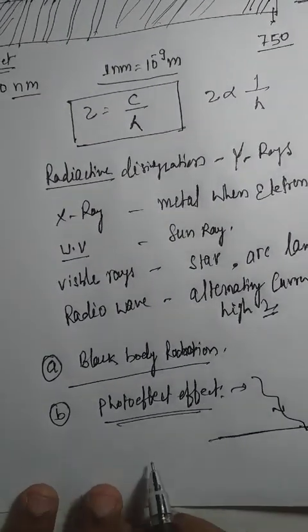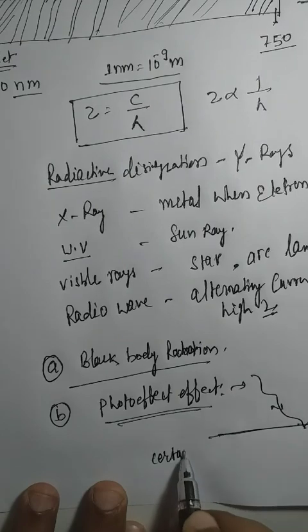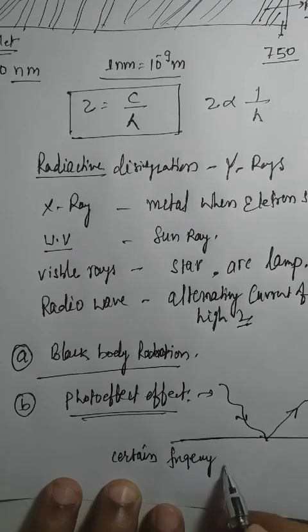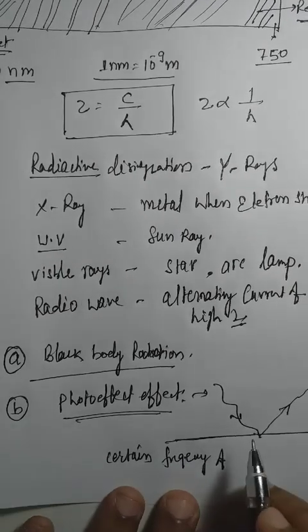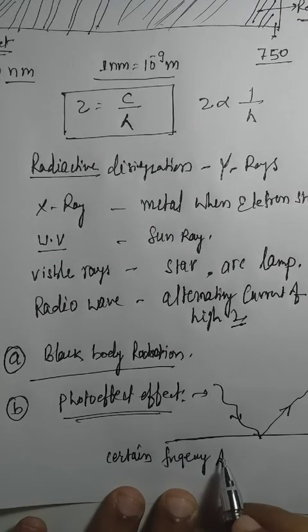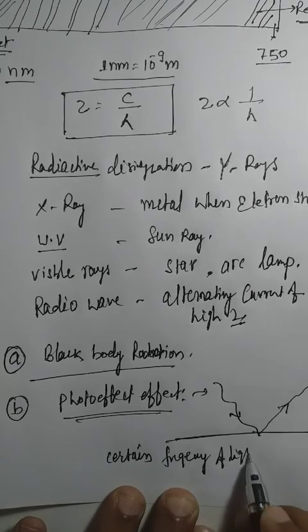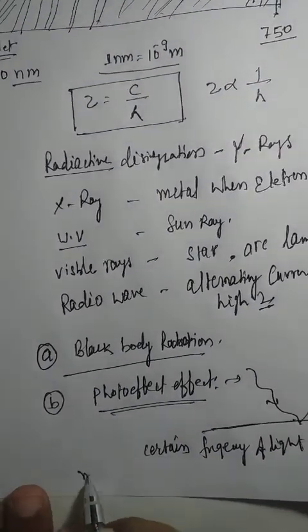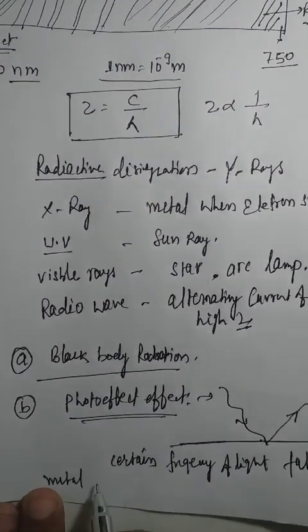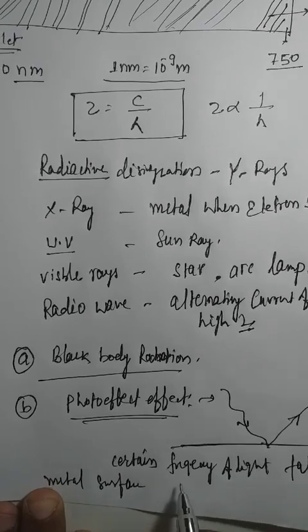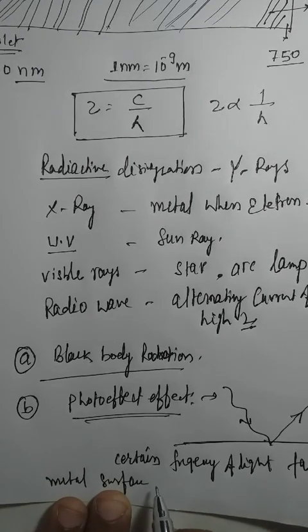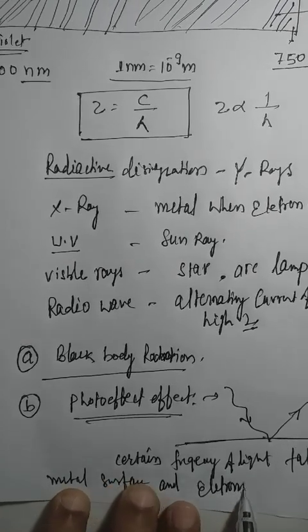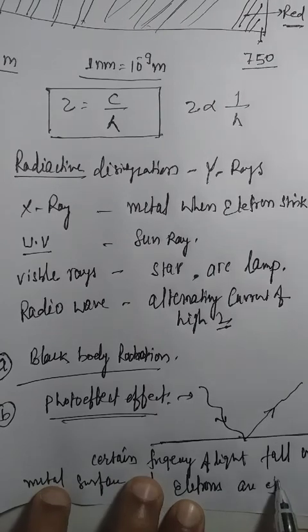So keep in mind, if someone wants to write it, light of a certain frequency falls on a metal surface and electrons are ejected.